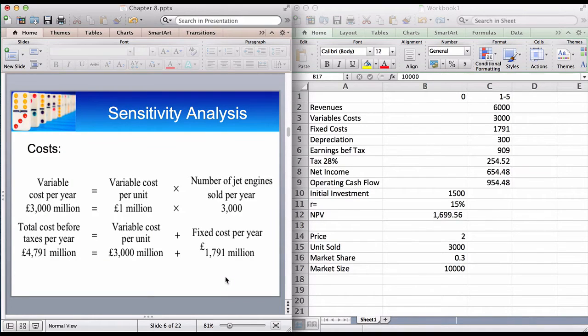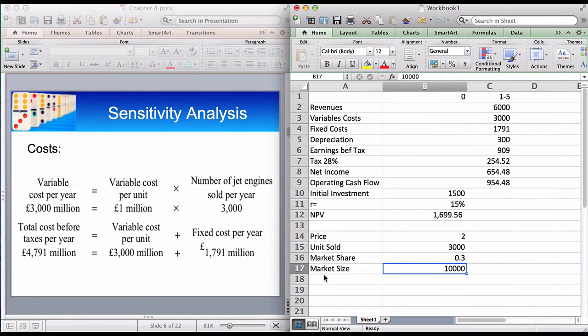Now we're going to go on to look at the costs. The costs comprise two components. One is the variable cost, which is linked to the number of units sold, and the other is the fixed cost, which you incur irrespective of the units sold.